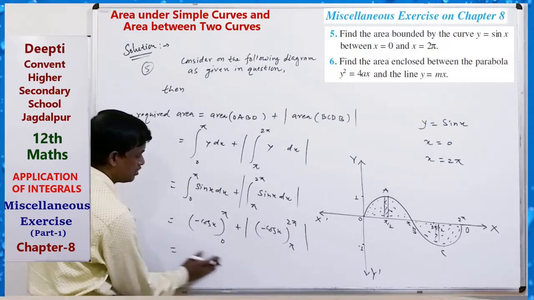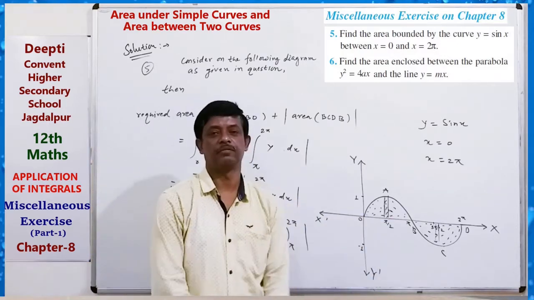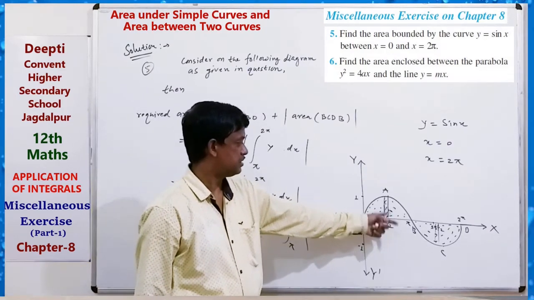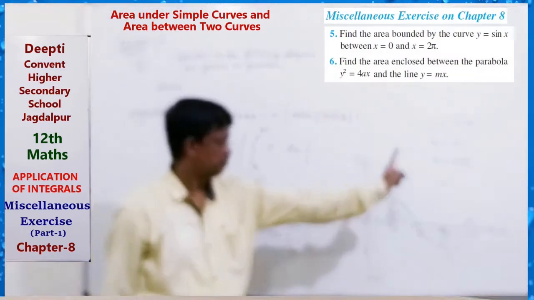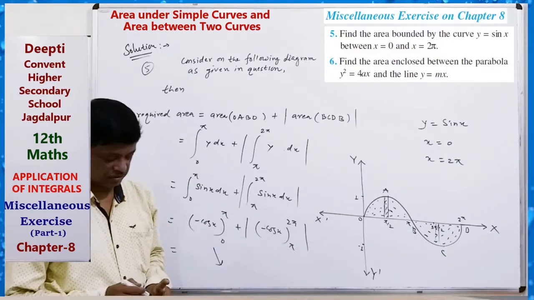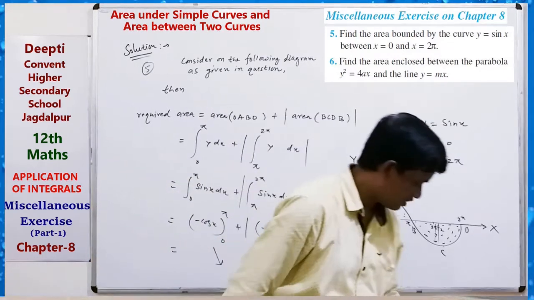Okay, so do it completely. So the main thing is the graph of the function. Clear? The graph of this function is this, area of this part plus area of this part, both areas. So this was question 5 of the miscellaneous exercise.